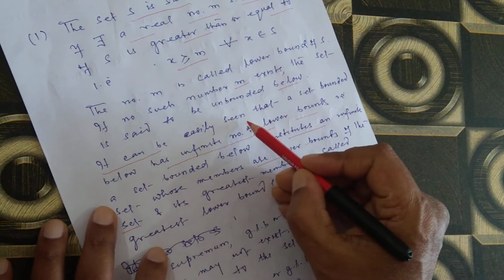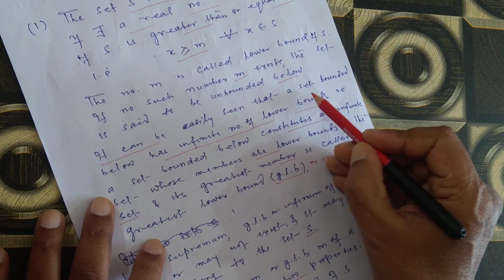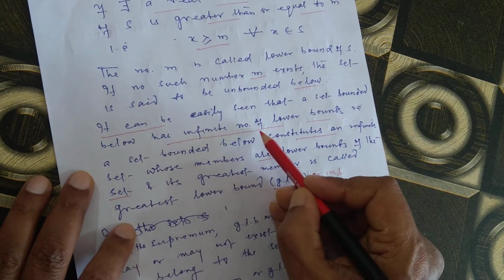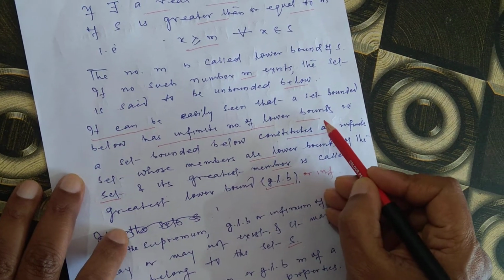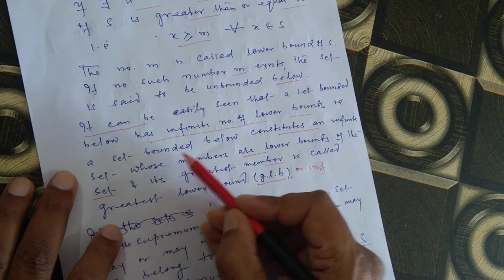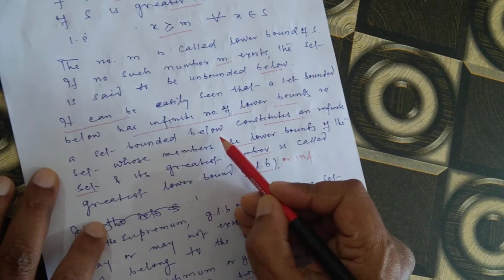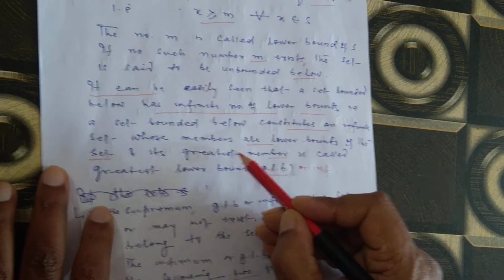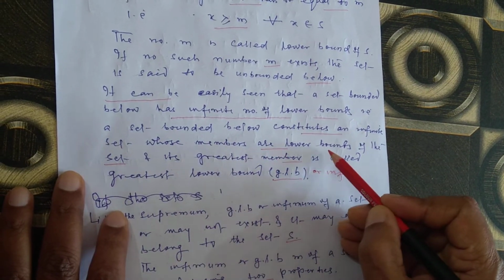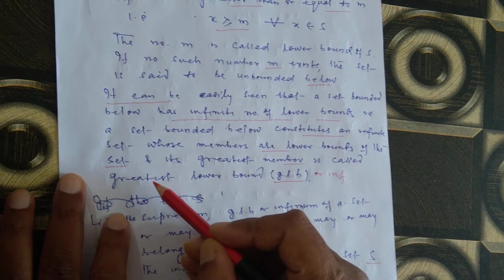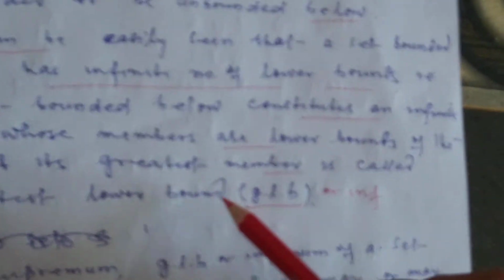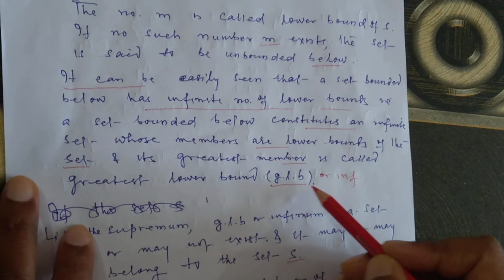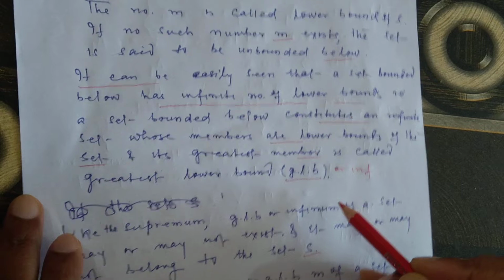It can be easily seen that a set bounded below has an infinite number of lower bounds. That is, a set bounded below constitutes an infinite set whose members are lower bounds of the set, and its greatest member is called greatest lower bound or infimum of the set.